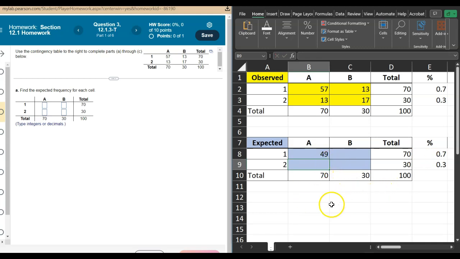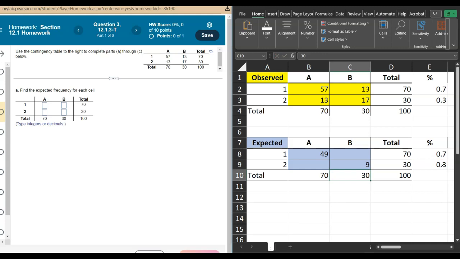I do it again for each one of them. Again, equal sign. For example, for this one it's the subtotal of that column, which is 30, multiplied by the percentage for that particular cell on the rows. So it's always crossing.